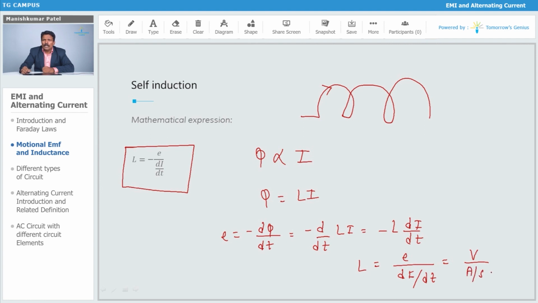That is how we can write it, but the unit is finally written in terms of Henry. So that is self induction, where the EMF gets induced into the same coil through which the current is flowing, and it opposes the value of current flowing through that coil. That's why it is called self induction.